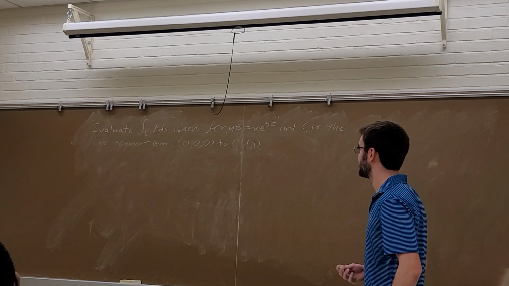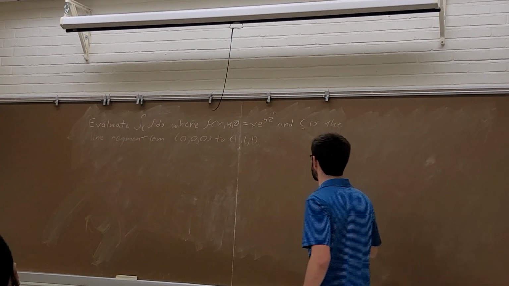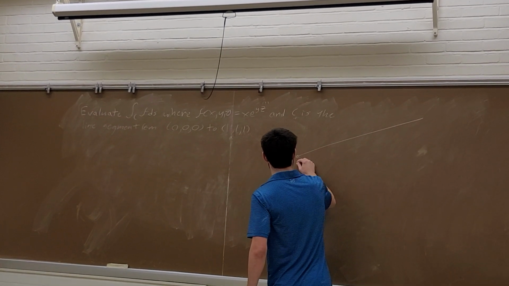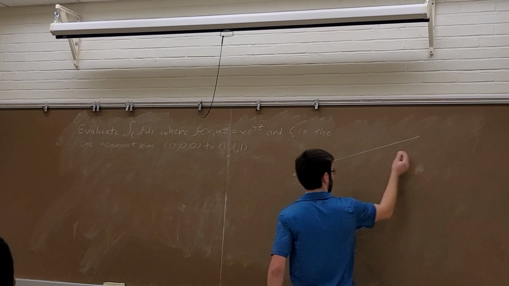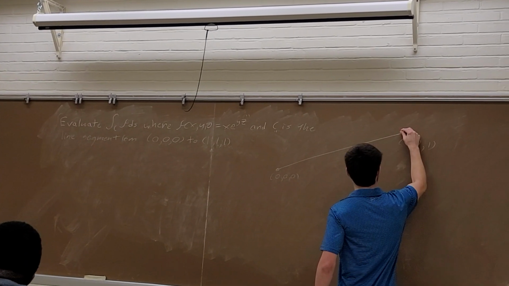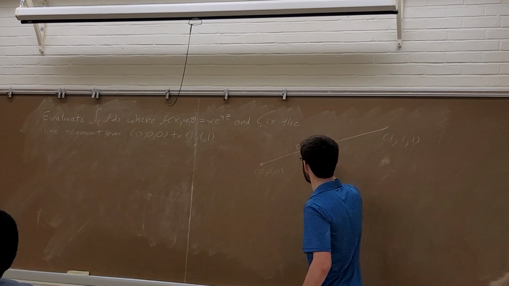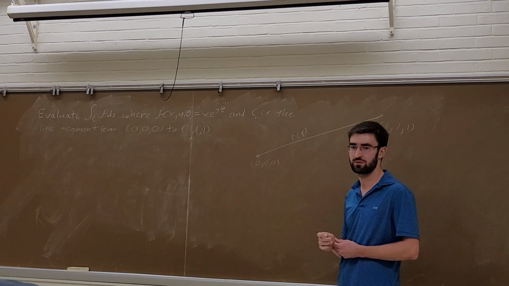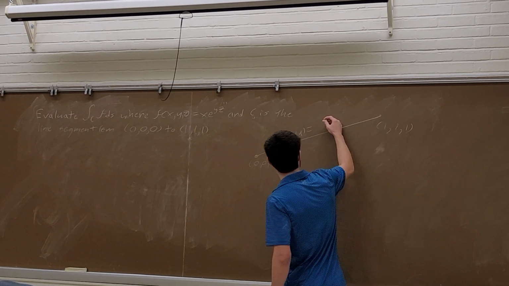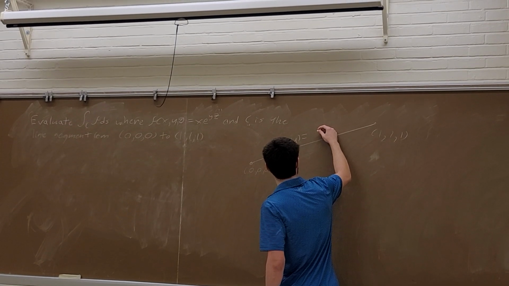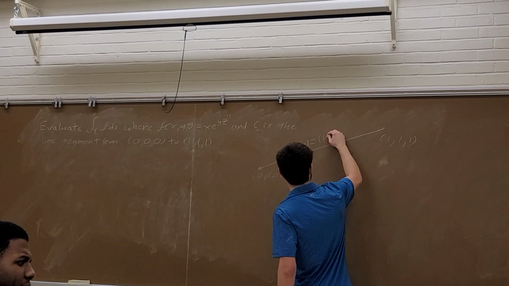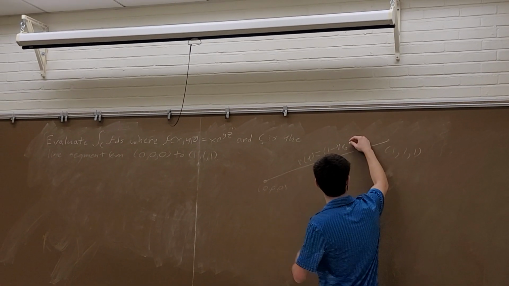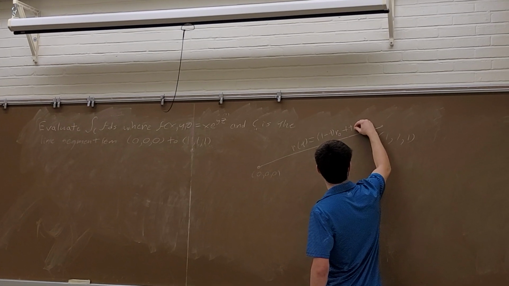So you have a scalar line integral here, and our curve C is a straight line. You go from 0,0,0 to 1,1,1. So this is r of t, and we have to parameterize it with some vector r of t. We'll use the formula for a line segment: 1 minus t times r0, which is 0,0,0, plus t times r1.